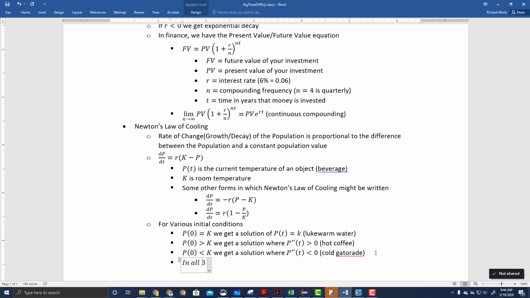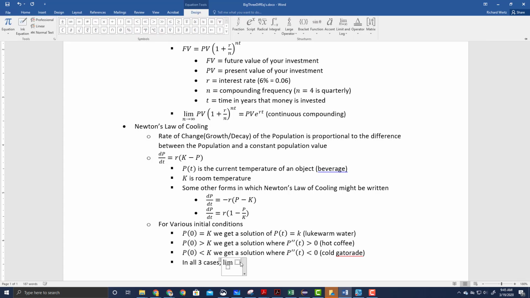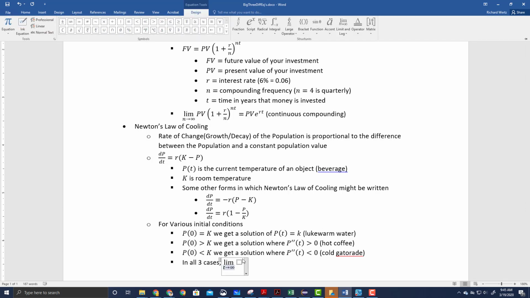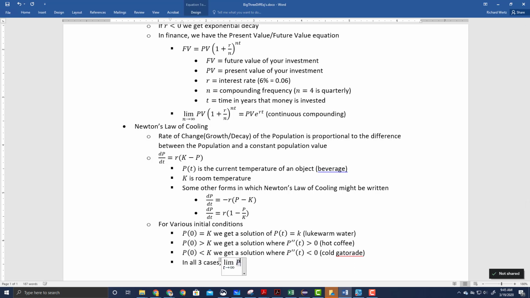In all three cases, the limit as t approaches infinity of P(t) is going to equal K. So that's an important thing to know, and just kind of a piece of trivia about that one.